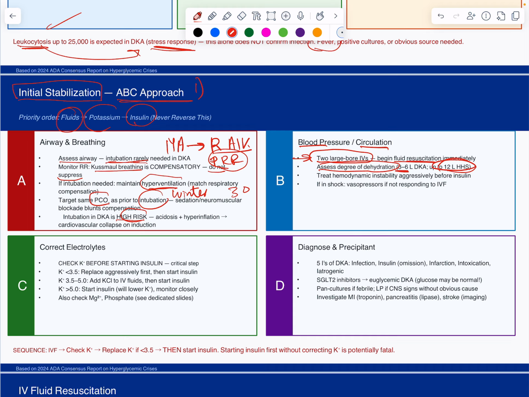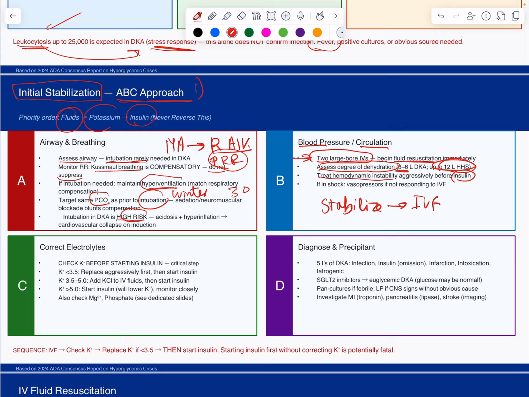If there is any hemodynamic instability, like they are in shock, for example, if they are severely dehydrated in HHS, you need to stabilize those patients, whether with IV fluid, or pressors if they need it, whatever they need, you need to stabilize before giving insulin. So always stabilize, give IV fluid, then let's talk.